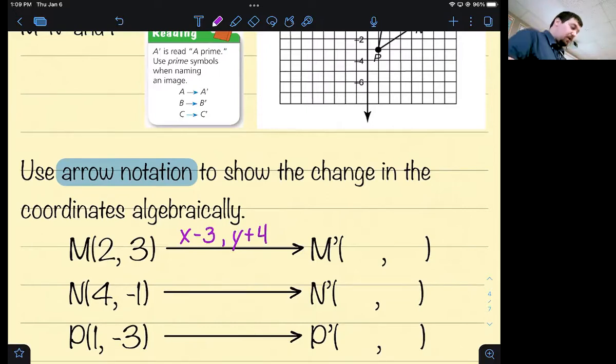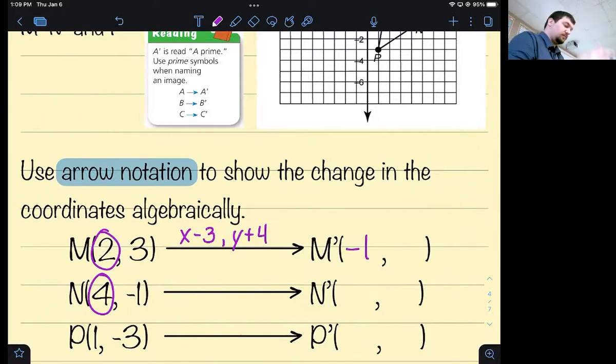So if we subtract 3 from the 2 coordinate here that we have, what's 2 - 3? Sky? -1. The M prime X coordinate is going to be -1. What's 4 - 3? Anyone can answer this. What's 4 - 3?